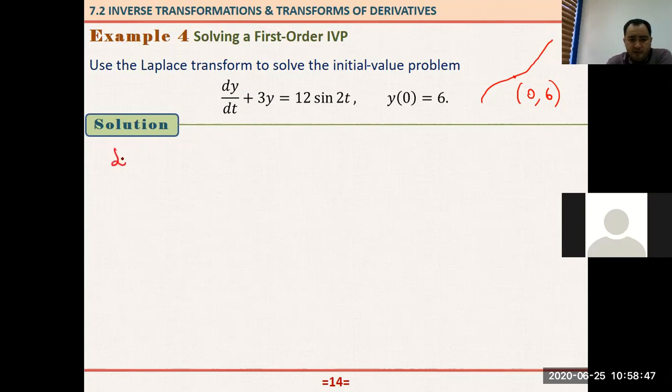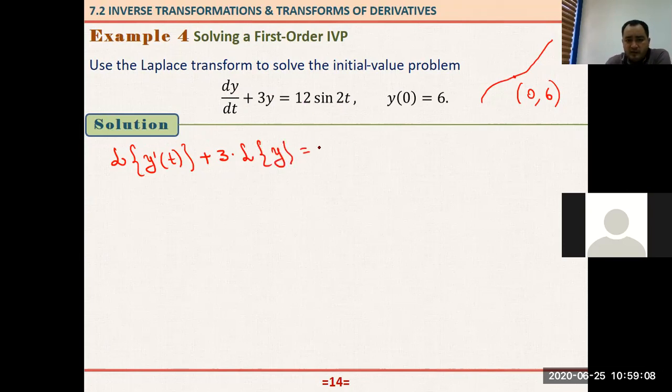Here we have the Laplace transform of y prime of t, where our independent variable is t. Plus, there's a constant, I can just keep this outside, and here we have the Laplace transform of y.